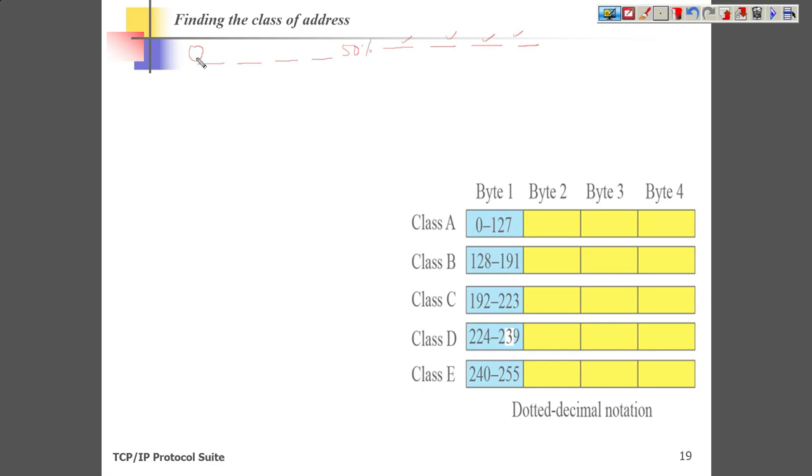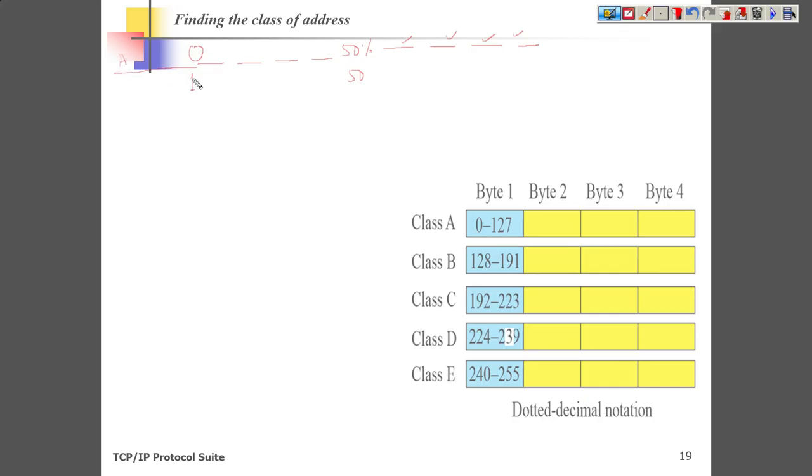So we have the 0 bit fixed, and the other 50% is where the bit is 1. You can see this is the first half with the 0 bit fixed, and the other half is where the 1 bit is fixed. Now you can look at this in the context of A, B, C, D, and E. This 50% half is class A.